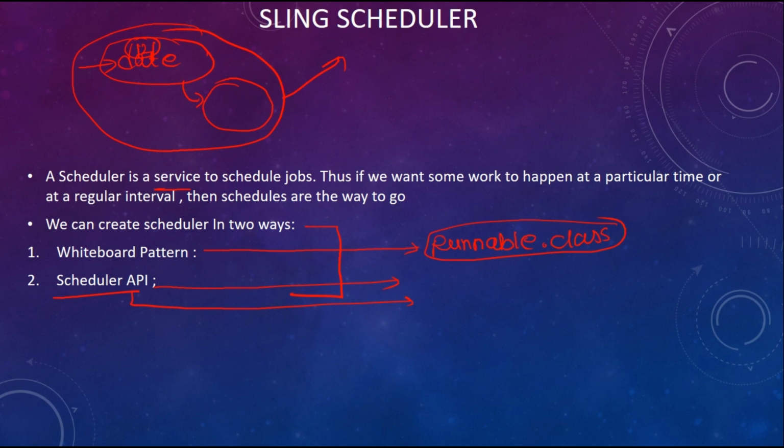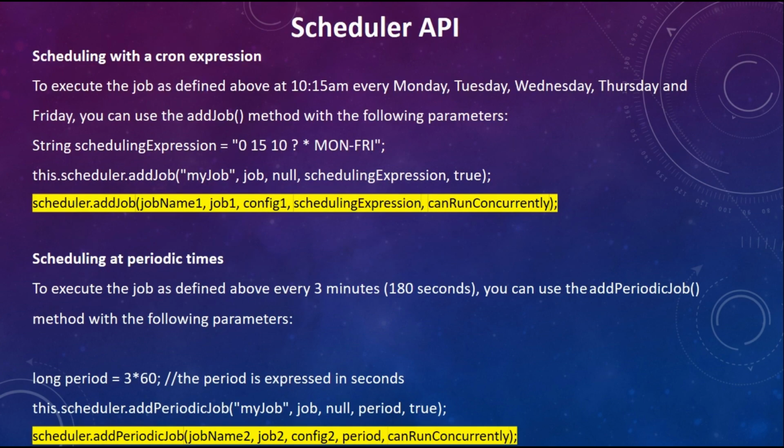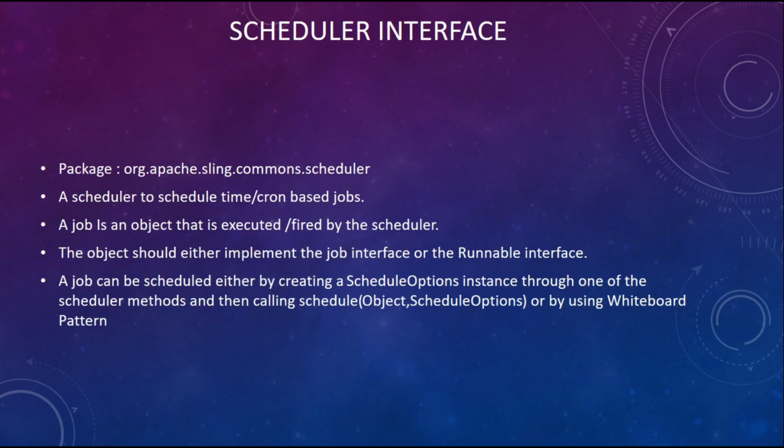Today we'll see how we can schedule our job. They have provided one interface, which is OOTB, that means out of the box. We can schedule our job or object or task by using this scheduler.